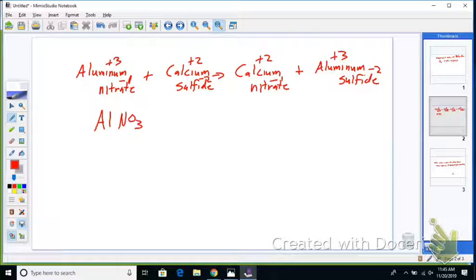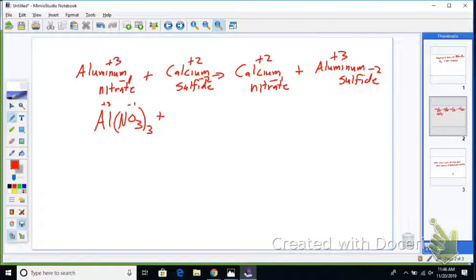Close and open parenthesis 3. Right? Some of you guys still struggle with this. So NO3 in itself is a -1, and this is a +3. So that's why you gotta have 3 of them. It's kind of like balancing reactions, but you're balancing charges.